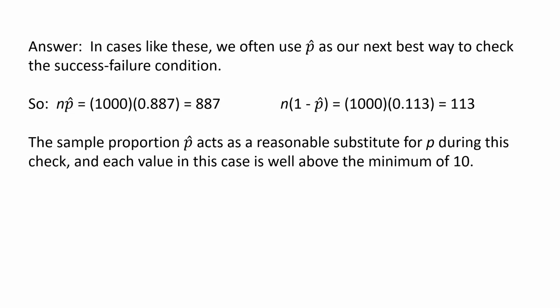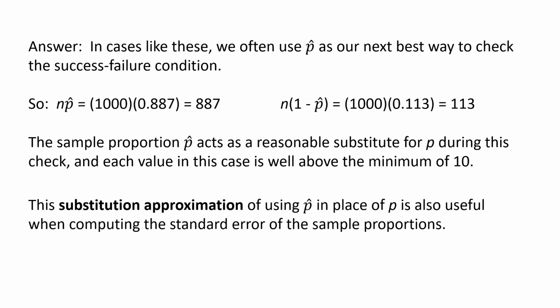So the sample proportion p hat acts as a reasonable substitute for the population proportion p during this check, and each value in this case is well above the minimum of 10. This substitution approximation of using p hat in place of p is also useful when computing the standard error of the sample proportions.